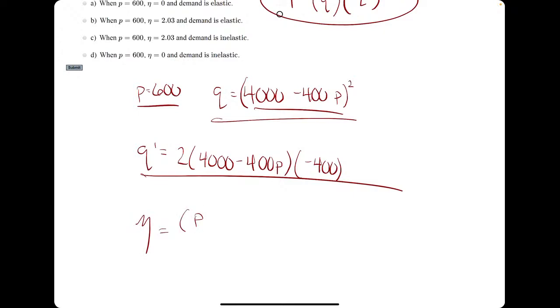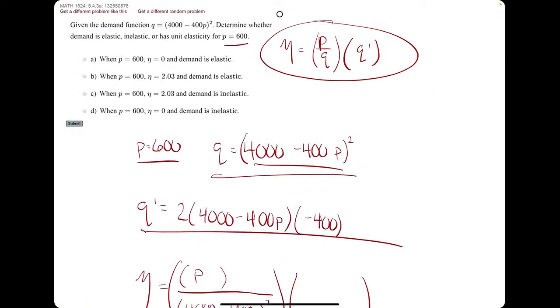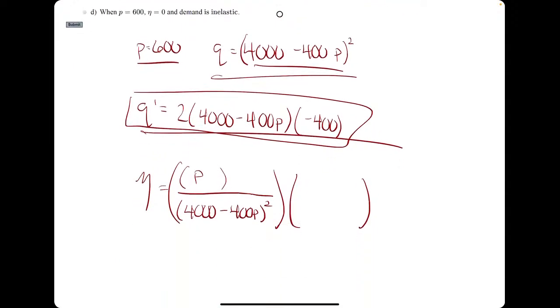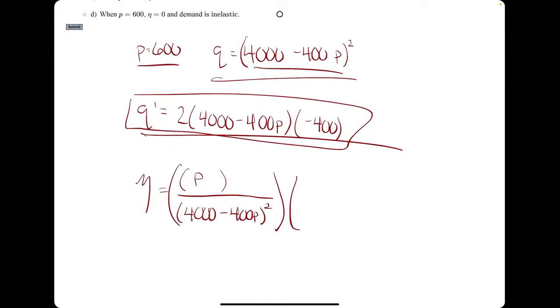So we have P over Q, which is 4,000 minus 400p squared, and then we're multiplying this by Q prime, which was this. So Q prime is 2 times 4,000 minus 400p times negative 400.